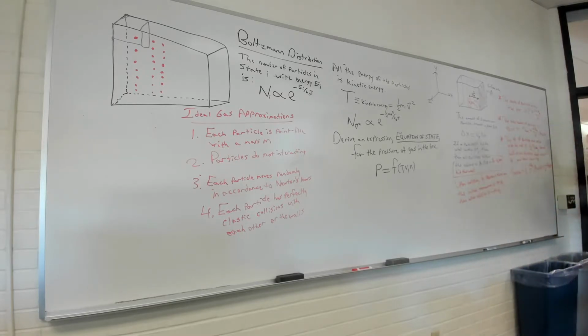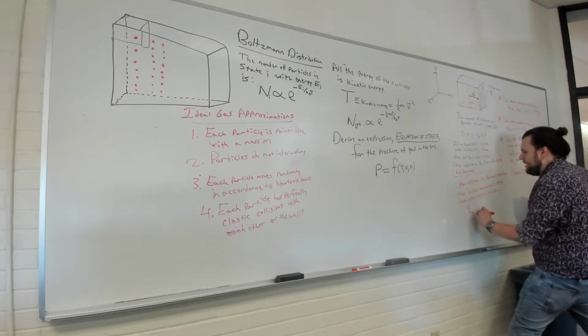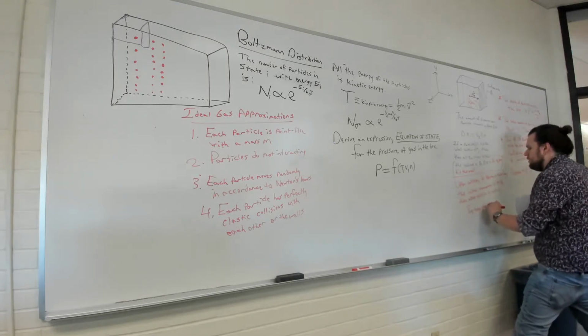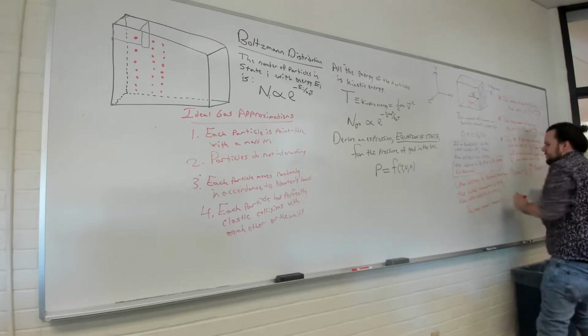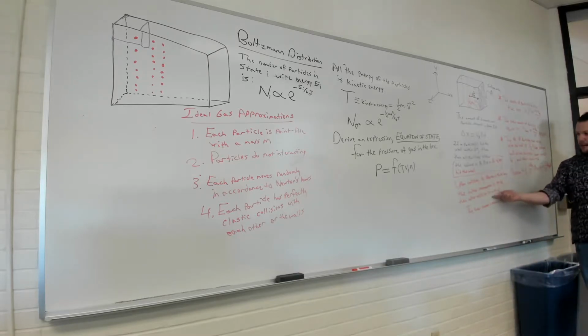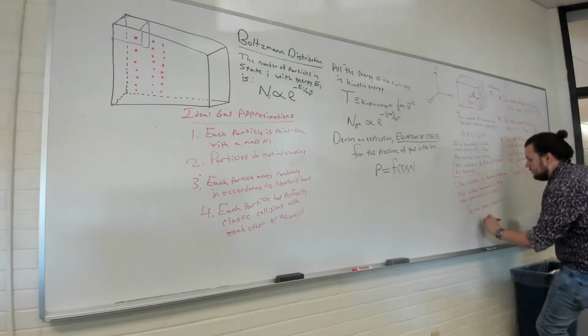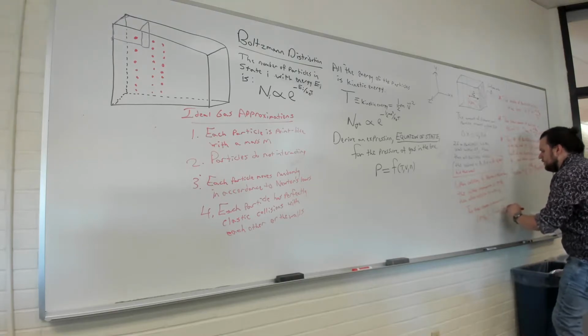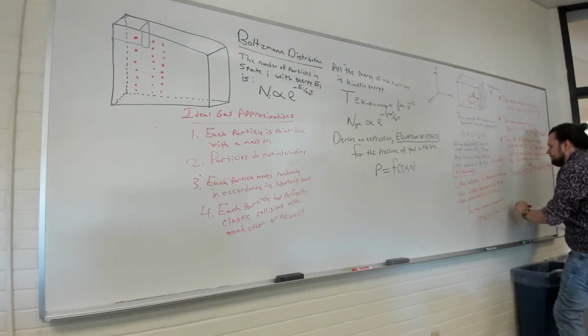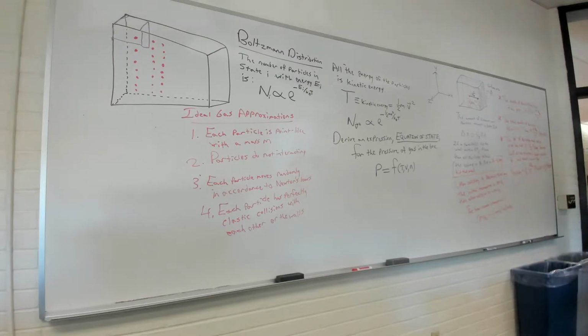If they have momentum in this direction, they bounce, the momentum is going to be in the opposite direction afterwards. So the total change in momentum is the difference between these two, which is mVx minus (minus mVx), which is 2mVx. Upon collision, the total momentum change is double the original momentum.